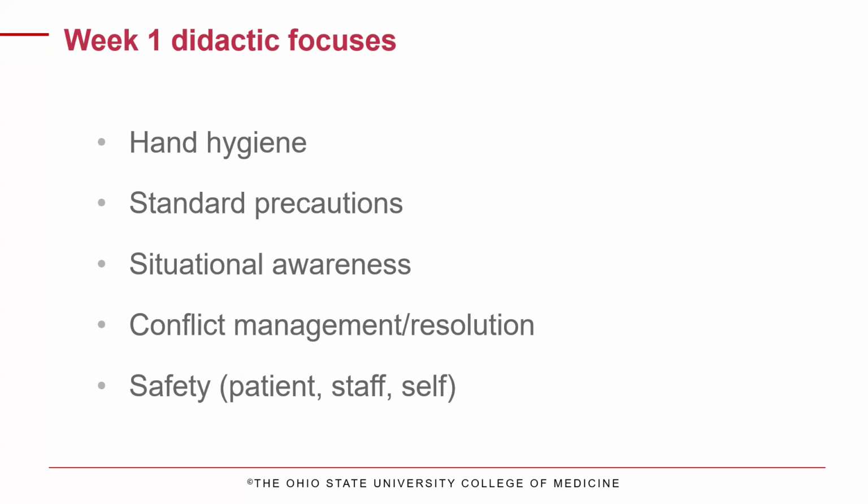We have never had a student in that situation before, but maintain situational awareness, so things like knowing where you are within the hospital or within the unit or within the patient room, ensuring that you have access to a door. So, for example, if you're in a room, you're not allowing a patient who's becoming increasingly agitated to come between you and a door. You're spending time to talk to people and try and solve their problems rather than creating them.